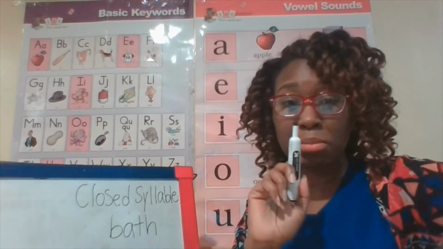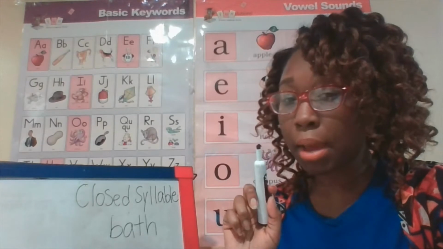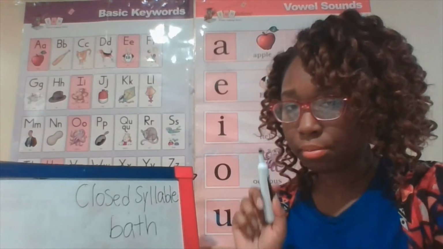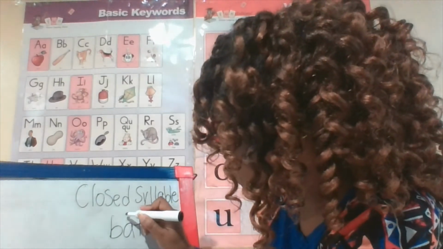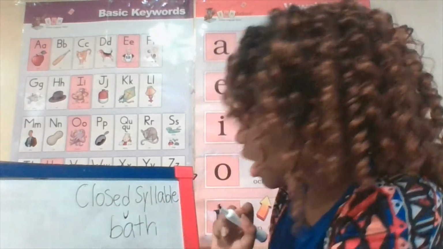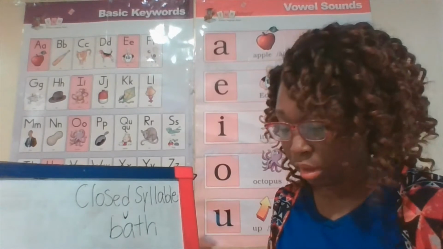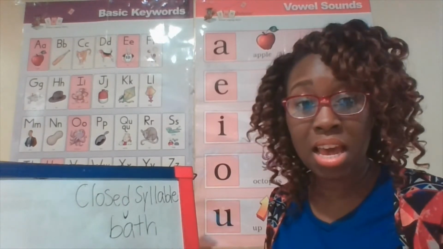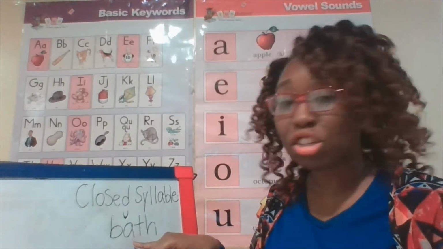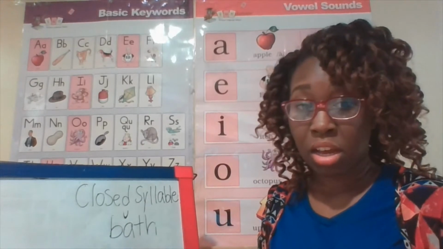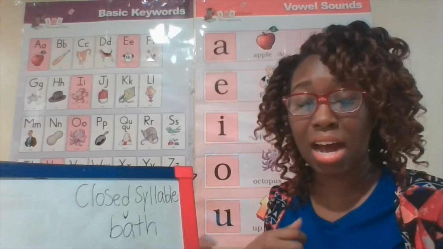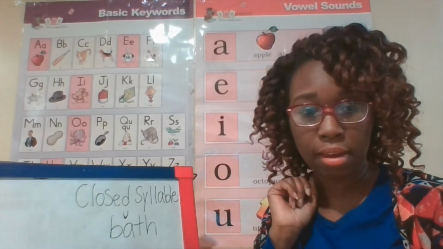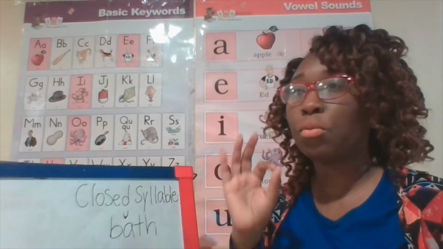So watch me. I'm going to show you a mark that I'm going to make over the vowel. This is very important. It looks like a tiny U. But what that really tells me is that that's a short A. So when you have the vowel and it's closed with the consonants, you'll get a short A. So think about the word bath.